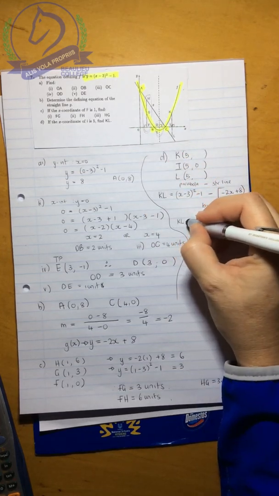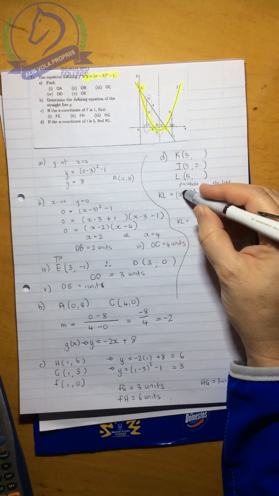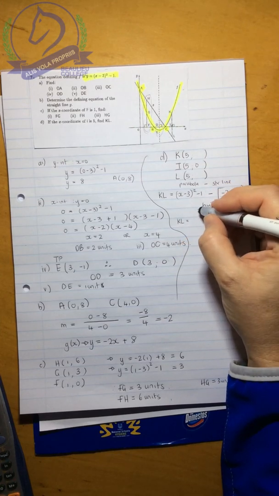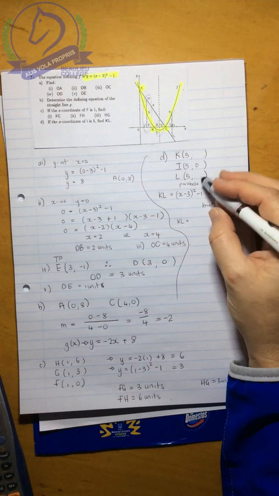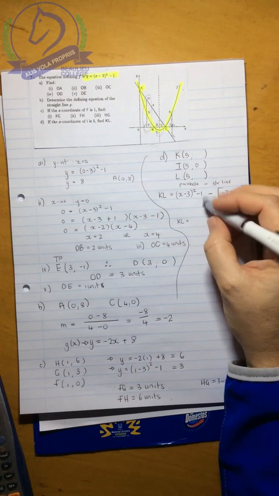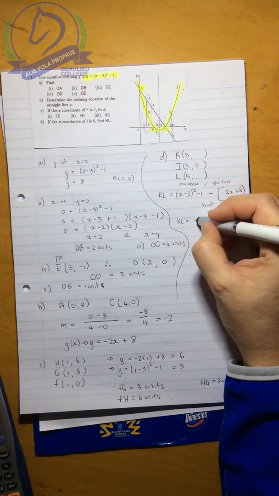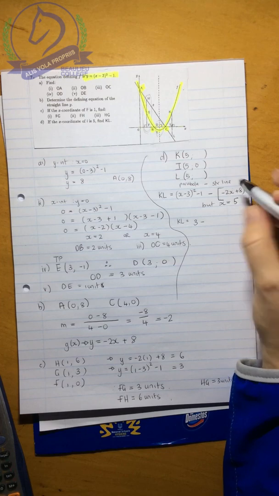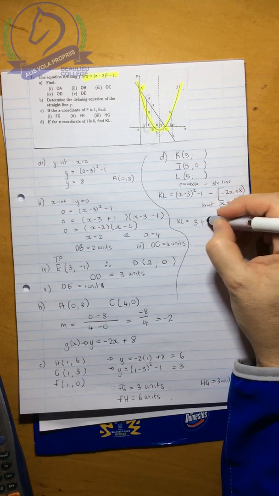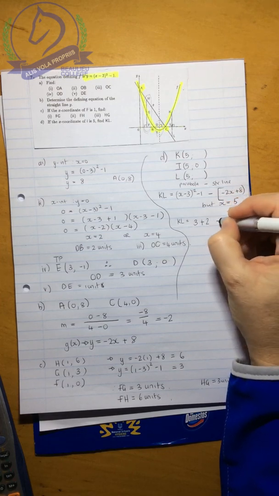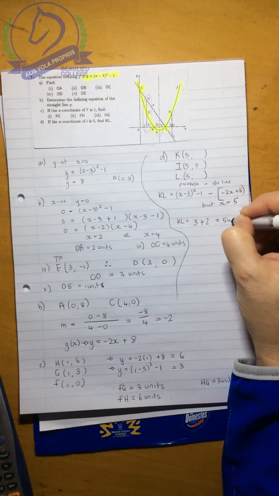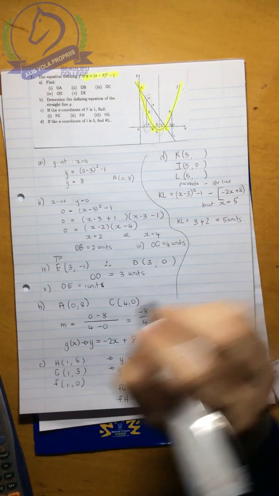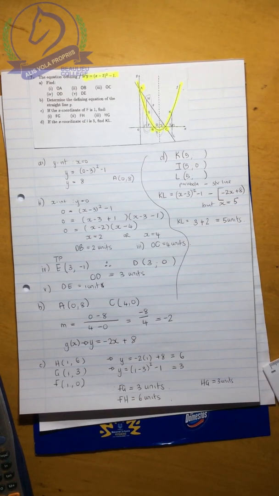So KL will be 5 minus 3 is 2, that's 4, and 4 minus 1 is 3 minus, that's minus 10 plus 8 is negative 2, and a minus is a plus 2, so KL is 5 units. Right, fantastic. That's the answers for question 7.